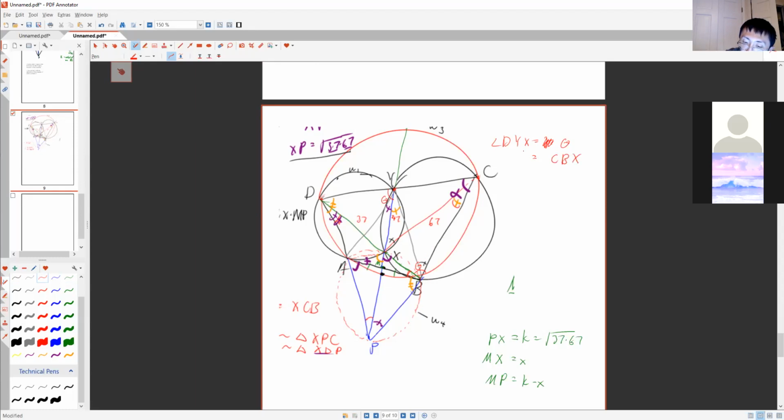And what else is theta? That's theta equals angle PAX. Okay, we already kind of used that to prove the. How did we get that?